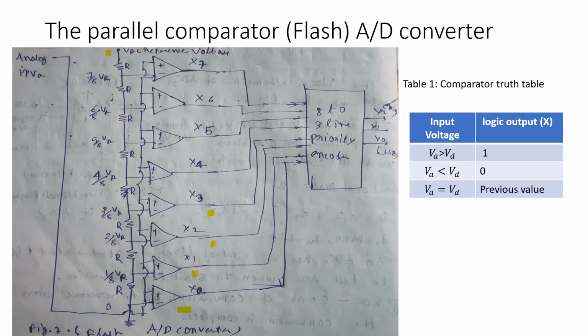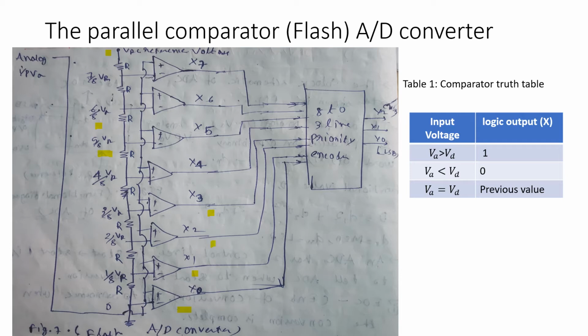Here 3 by 8 VR, 4 by 8 VR, 5 by 8 VR, 6 by 8 VR, because 6 resistances, 1, 2, 3, 4, 5, 6, divided by total 8. Here 7 by 8 VR. And the analog input VA is given to the positive terminal of all the op-amps, or we can say comparators. How does the comparator operation perform?